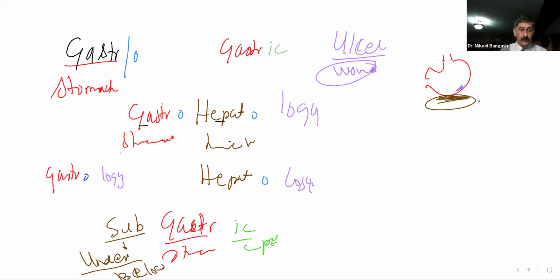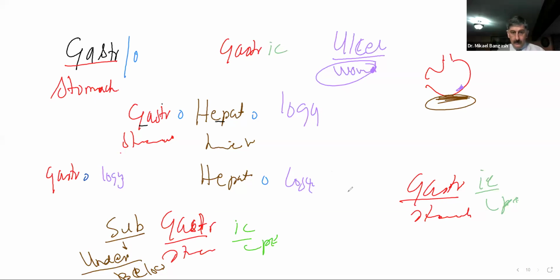We can also do another word in terms of stomach and positioning or relation to it. Then we say gaster, ick, pertaining to what? Stomach. Retro. So retrogastric. Now the word retro here actually is going to mean behind.